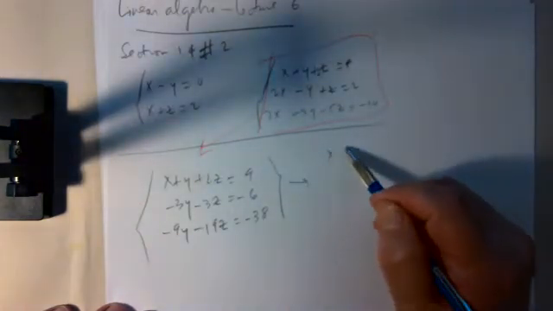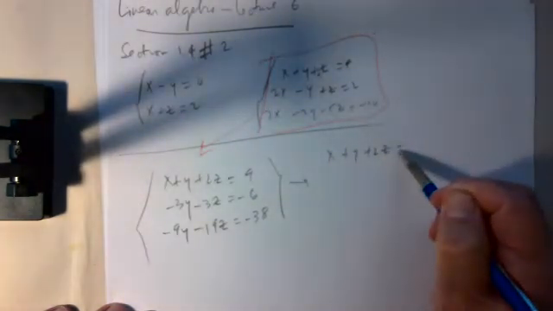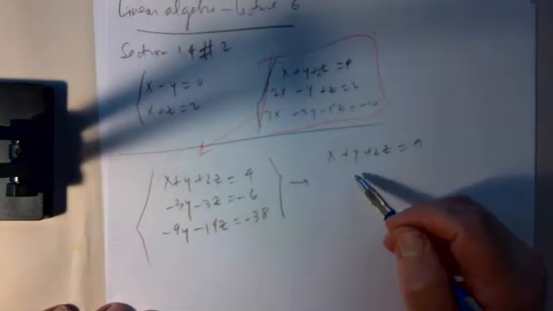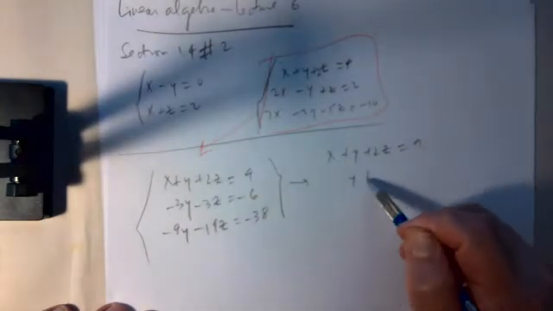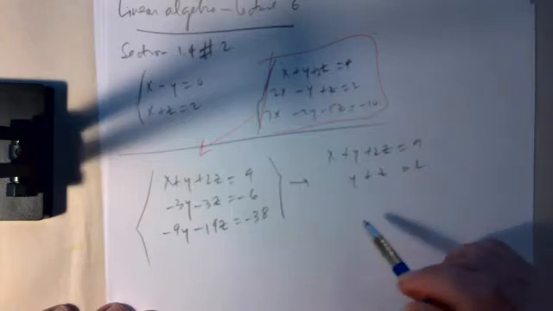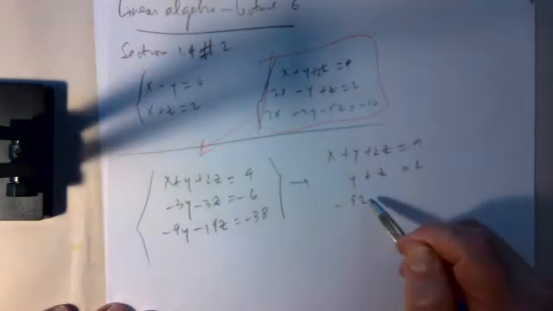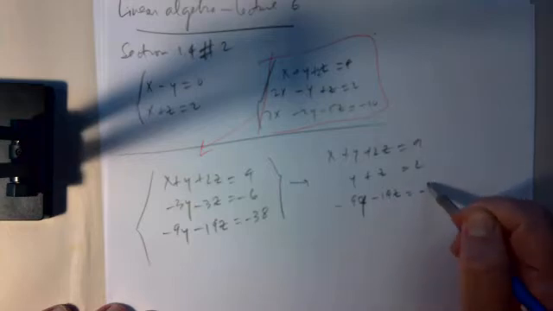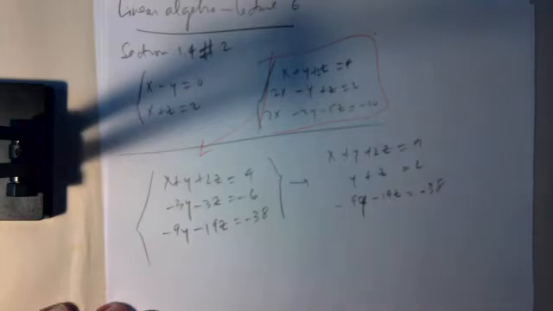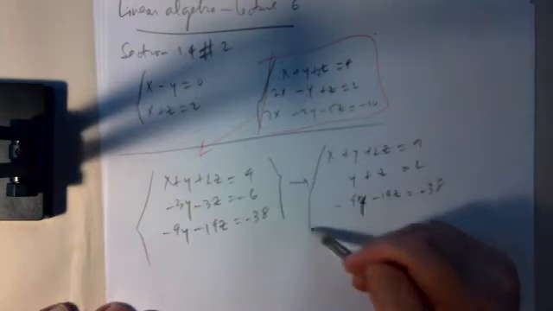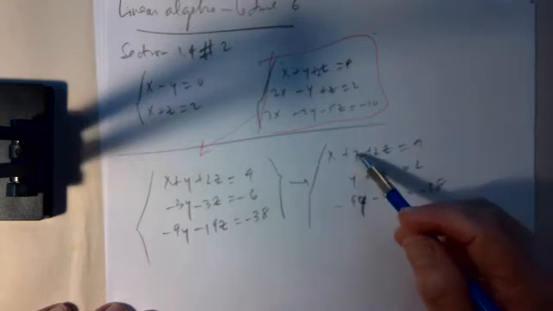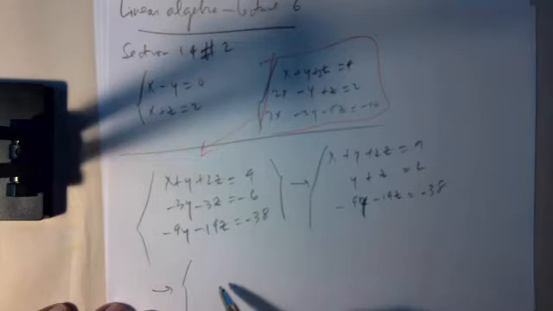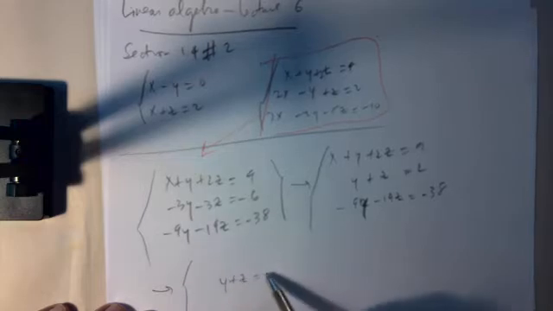In the second equation, if I divide by minus 3, it becomes y plus z equals 2. And this is still minus 9y minus 19z equals minus 38. Now I can get rid of the y's from the first and the third equation. The second equation I'm not changing.